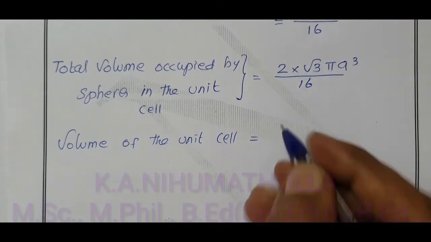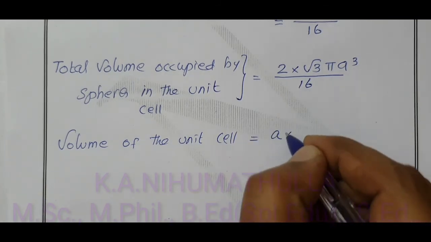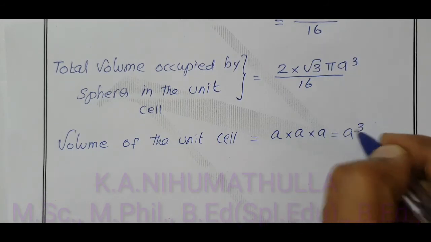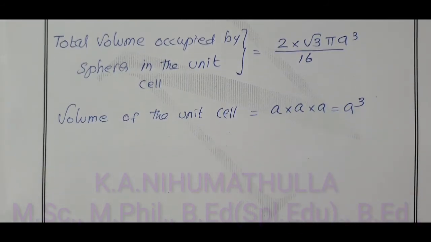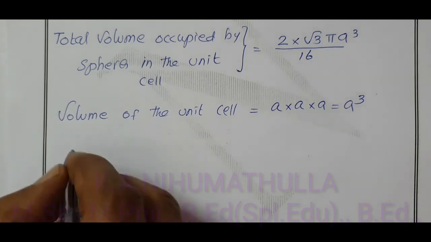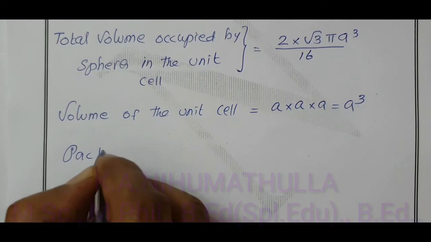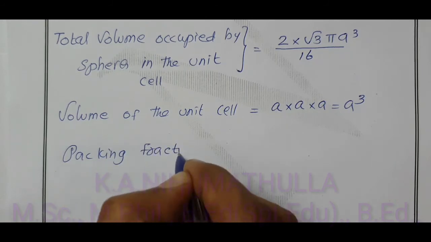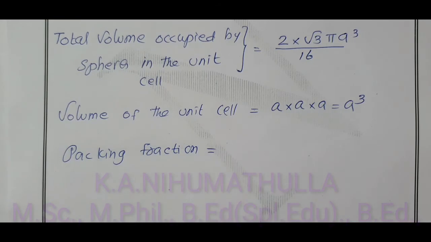We are studying cubic unit cell. Therefore, A cube. This is our denominator quantity. Shall we calculate the packing fraction? Packing fraction or packing efficiency equal to, what is the numerator?